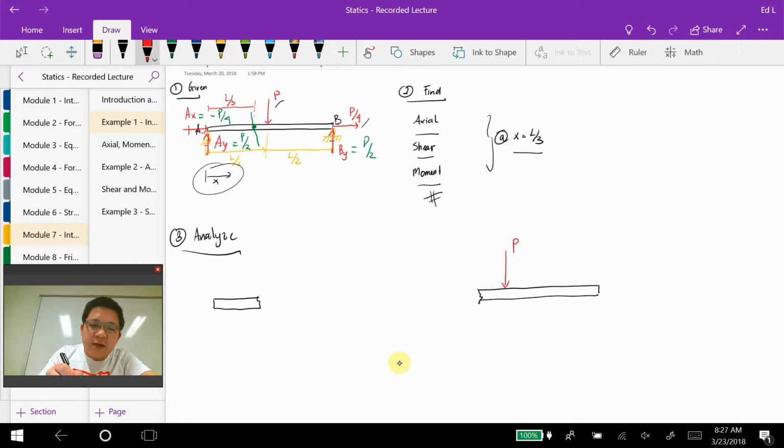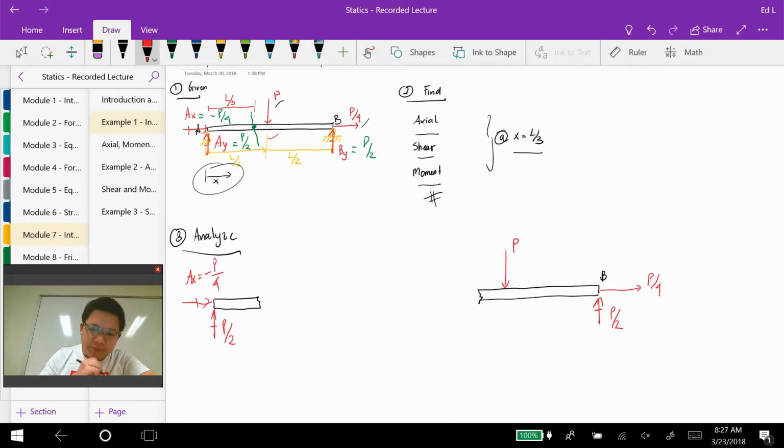It exists in the right hand free body diagram, and then we have the force P over 4 at point B. Don't forget we have to include the reaction force BY, which here is P over 2, and in the left hand diagram AY is P over 2 and AX is minus P over 4.